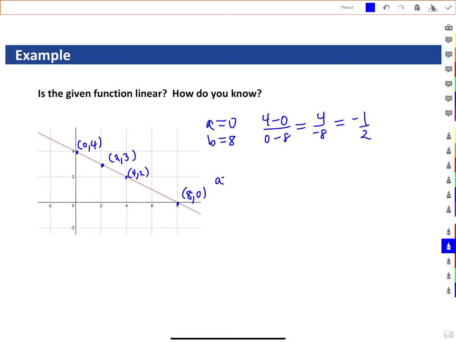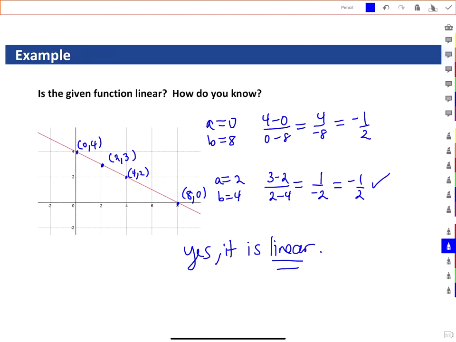For this one, my a is 2, my b is 4. So I'm going to do 3 minus 2 over 2 minus 4, and I get 1 over negative 2, but that's the same thing as negative 1/2. So yes, it is linear.